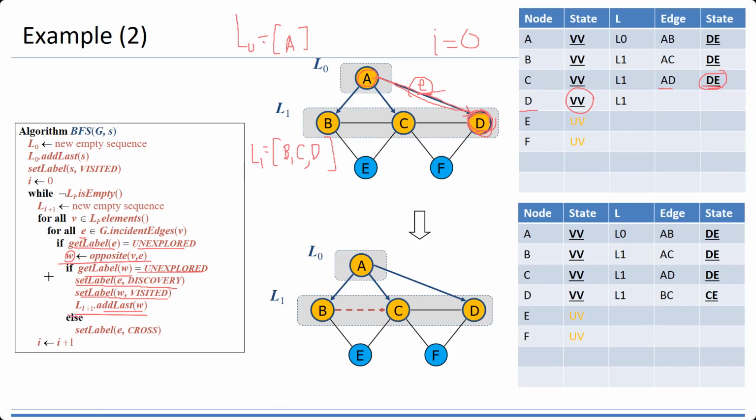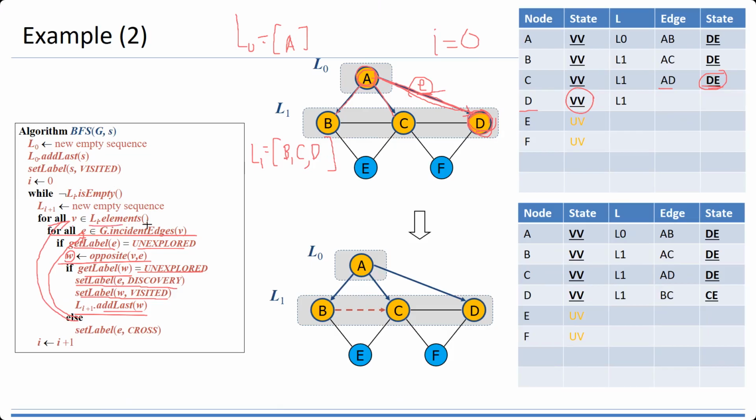Then we finish with all the edges of A. We already looked at AB, AC, and AD. Then let's go back to this one.